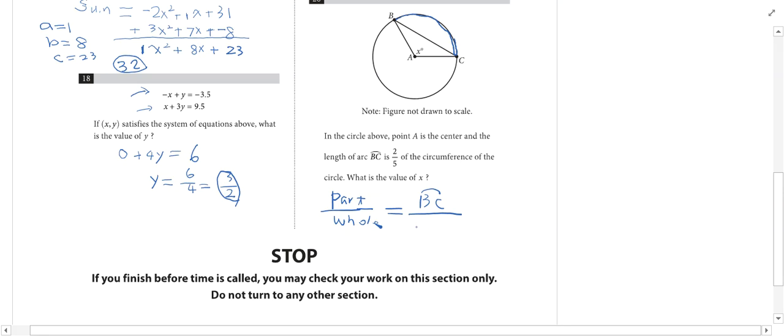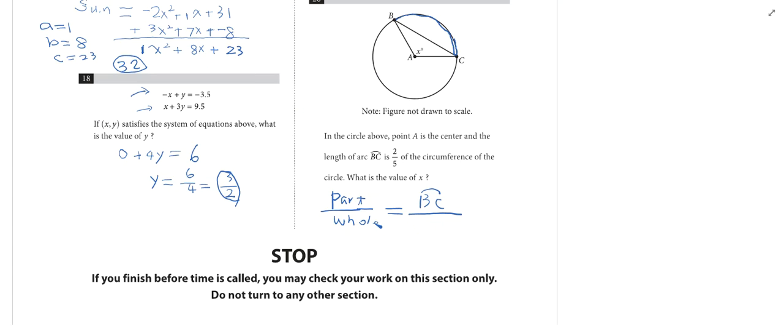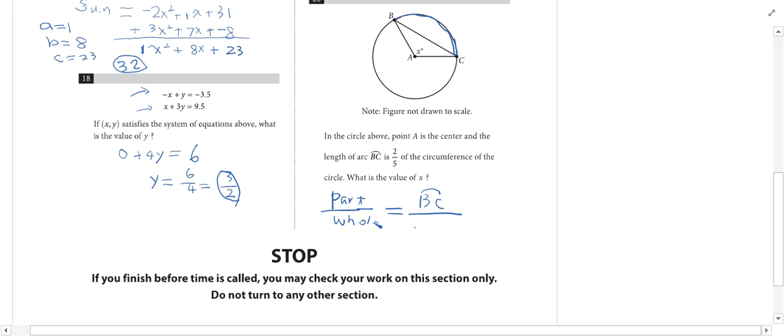The total circumference will be 2 pi r, right? And this one equals x over 360 degrees.